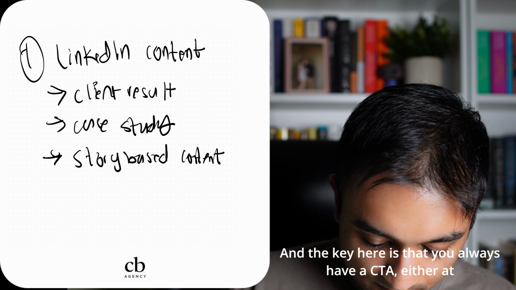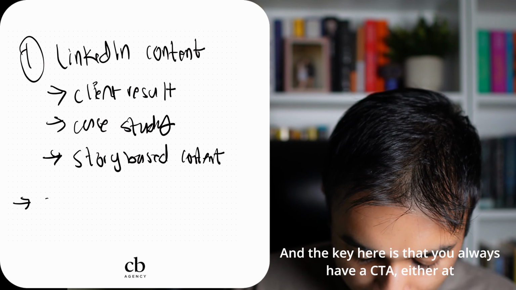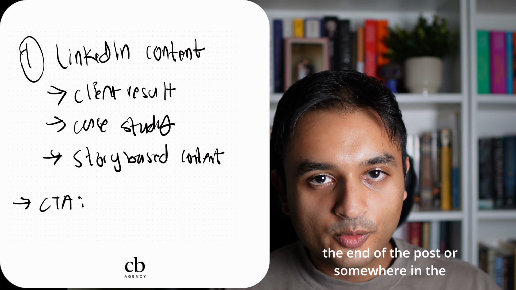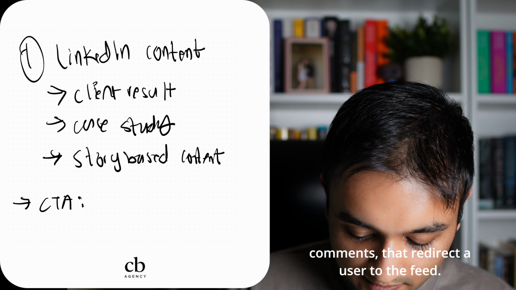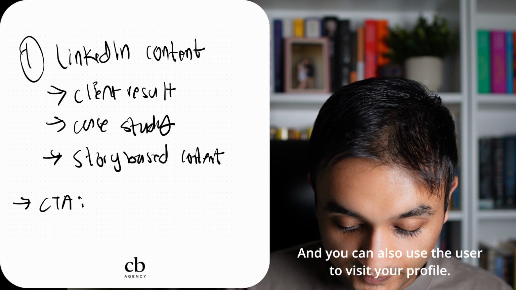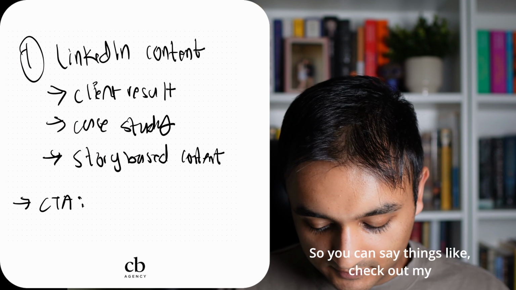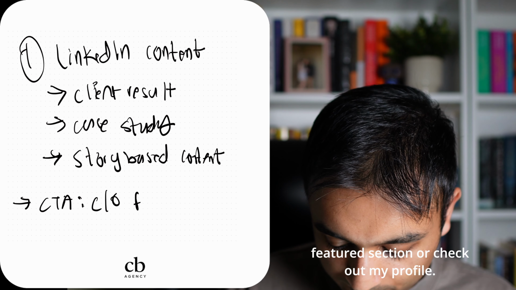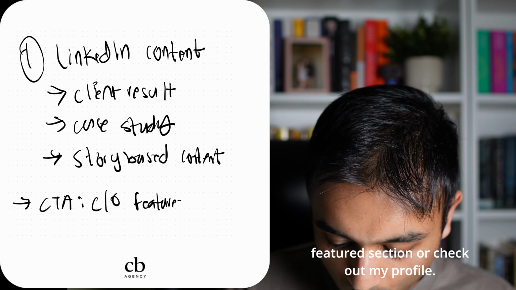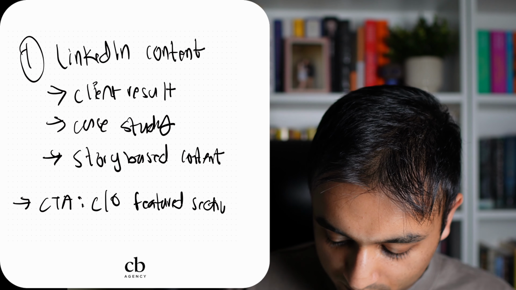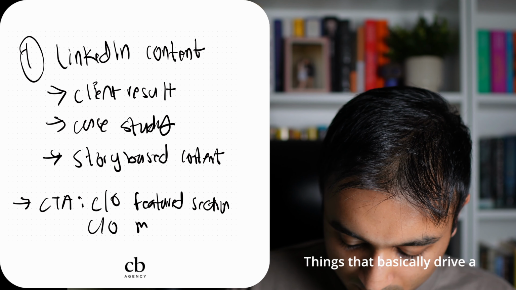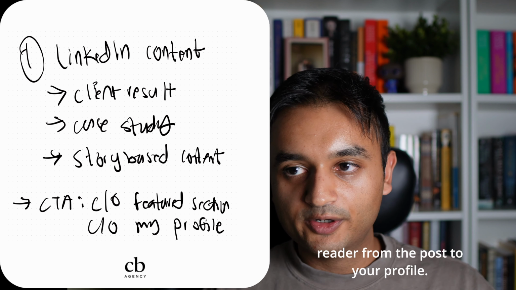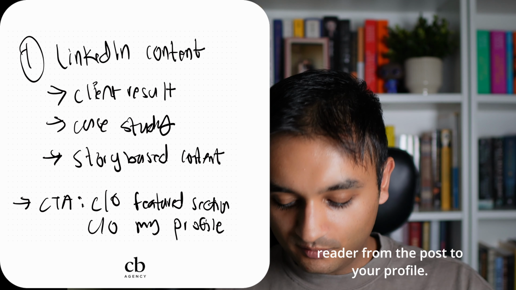And the key here is that you always have a CTA, either at the end of the post or somewhere in the comments, that redirects a user to visit your profile. So you can say things like, check out my featured section, or check out my profile. Things that basically drive a reader from the post to your profile.